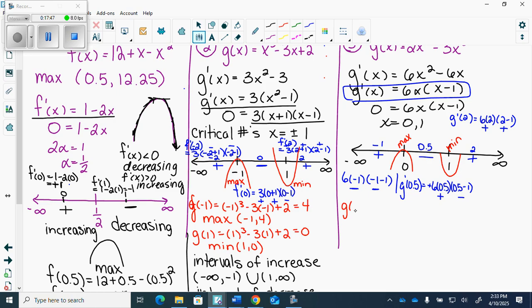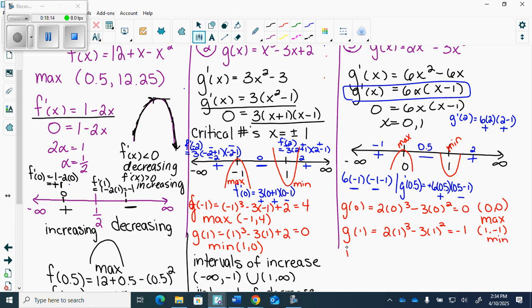G of 0 equals 2 times 0 cubed minus 3 times 0 squared, which is 0. So at (0, 0), I have a max. G of 1 equals 2 times 1 cubed minus 3 times 1 squared, which is -1. And so at (1, -1), I have a min.